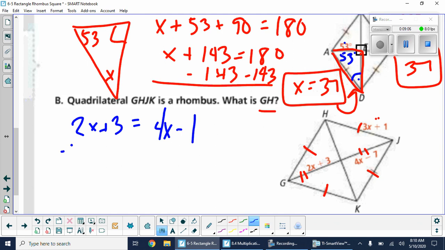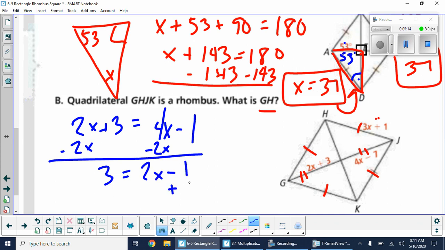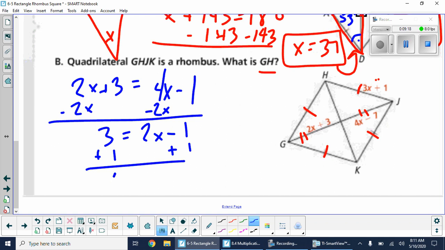All right, we'll subtract 2x from both sides. So we are left with 3 equals 2x minus 1. Add the 1 to both sides. Leaves us with 4 is equal to 2x. Divide both sides by 2, and x equals 2. Now, that does not mean that's our answer, right? That's part of it. We have x equals 2.